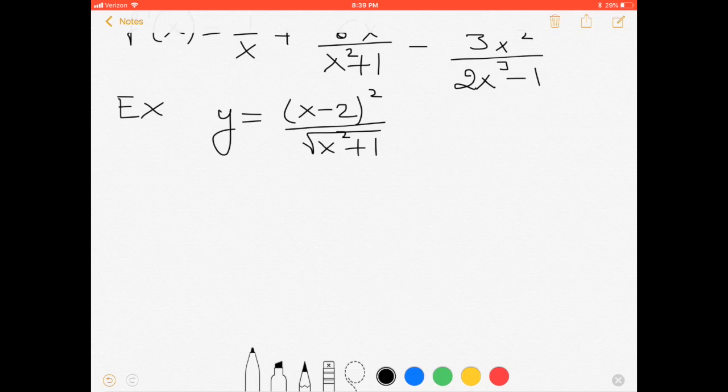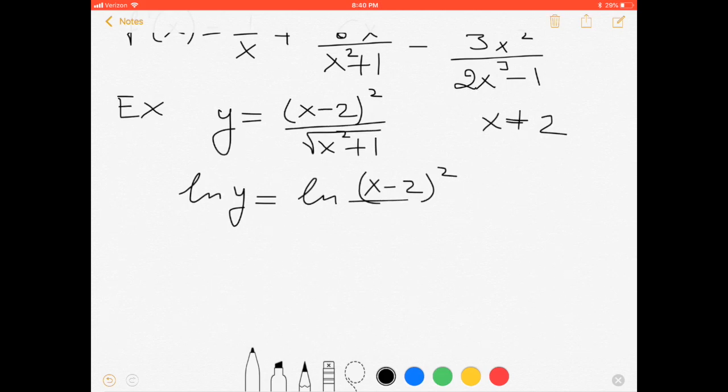Take the natural logarithm of both sides of our function. Here, first we have x is not equal to 2. Okay, we have natural logarithm y equals natural logarithm of x minus 2 squared over the square root of x squared plus 1.